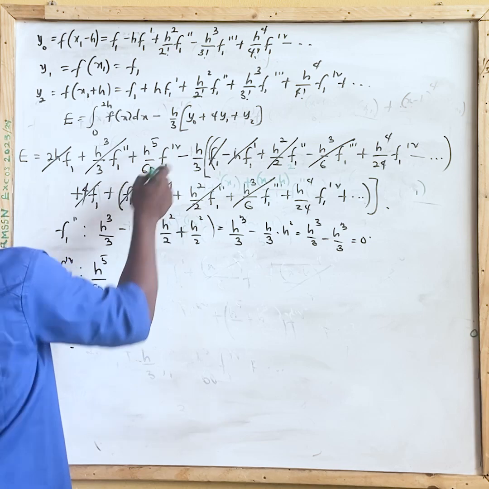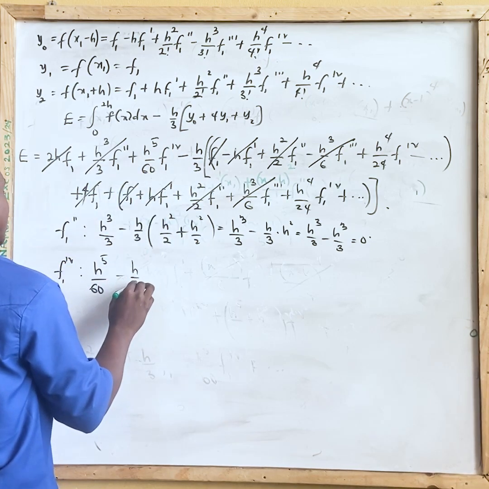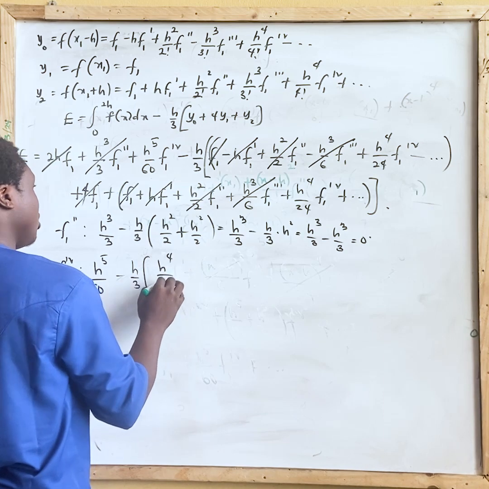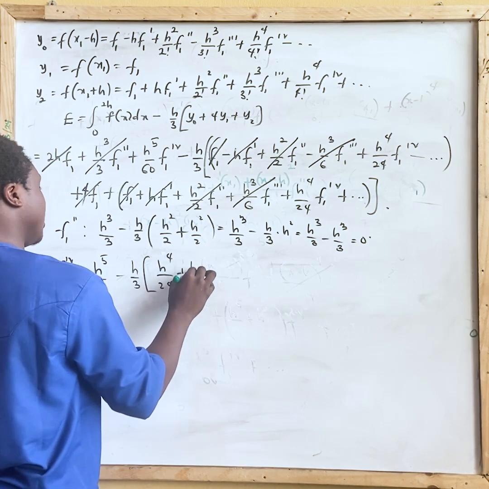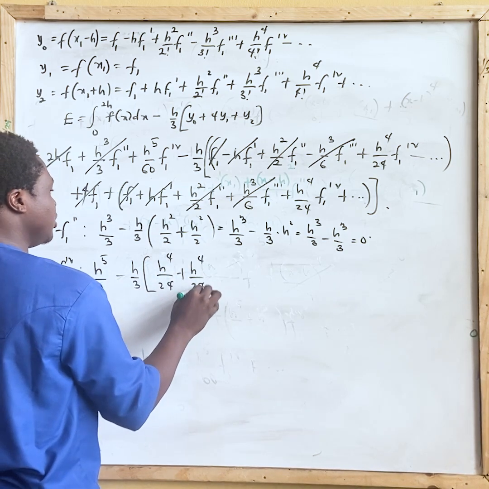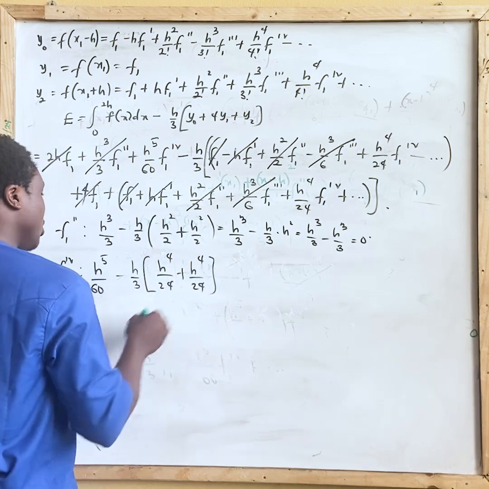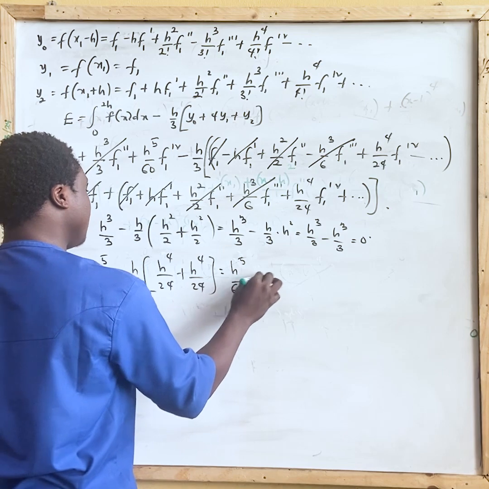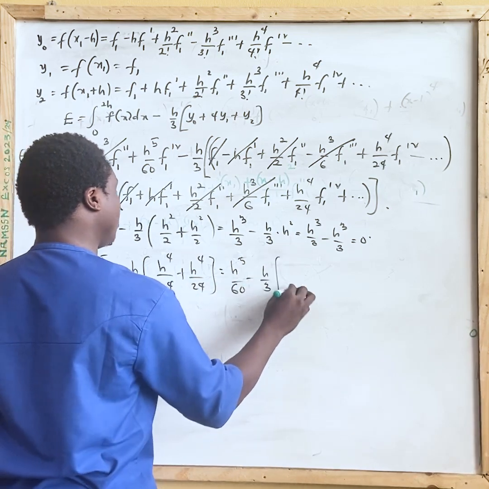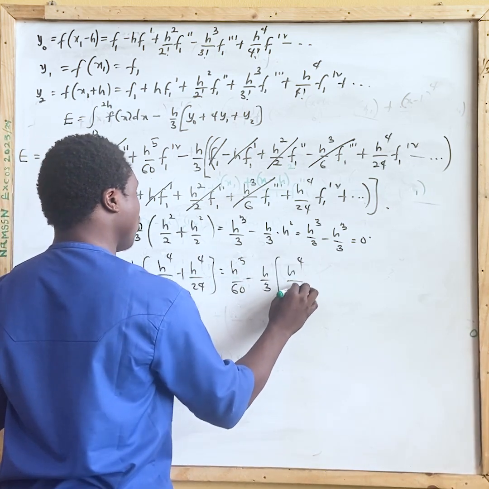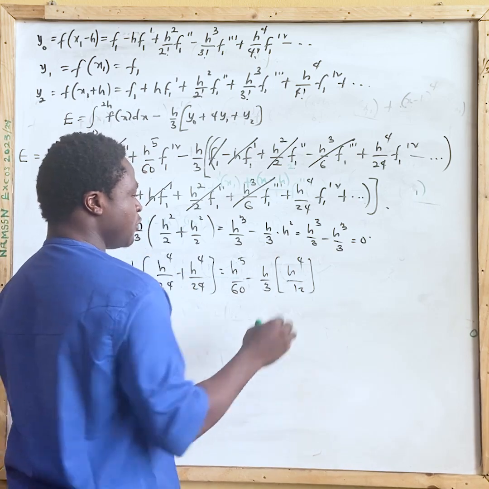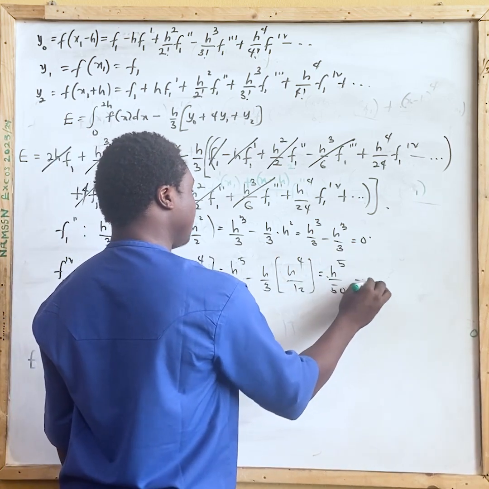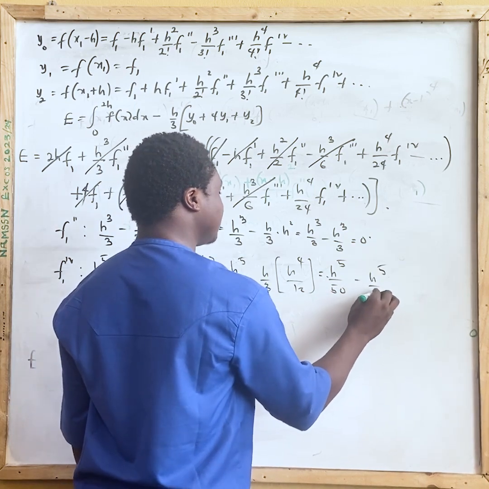Quite alright. Here I have minus h over 3 into h to the power 4 over 24 plus h to the power 4 over the same 24, which will give us h to the power 5 over 60 minus h over 3 into h to the power 4 over 12, which will give us h to the power 5 over 50 minus h to the power 5 over 36.